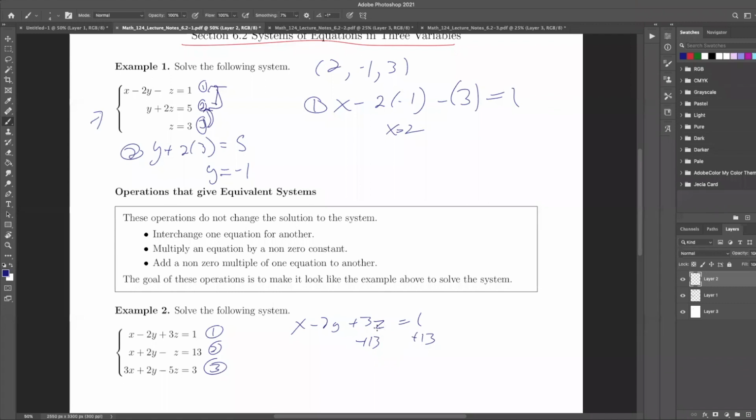And so here, add 13 to this side, I can add 13 to this side. But do I know what 13 is? Yeah, 13 is equal to this. And so instead of writing 13 here, I'm going to write plus the quantity x plus 2y minus z. And so here I've added 13 here, and the 13 I'm adding here, I'm writing in this form since they're equivalent.